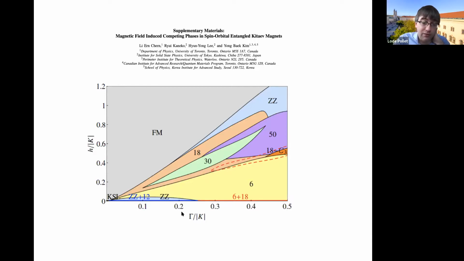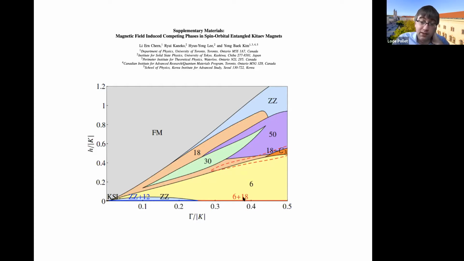So if you compare our phase diagram with the one from the group of Young Beckham, you will see in their paper that they indicate how many atoms are in a unit cell, and then they show the static structure factors corresponding to this, but they don't always know the precise formula for the order parameter.